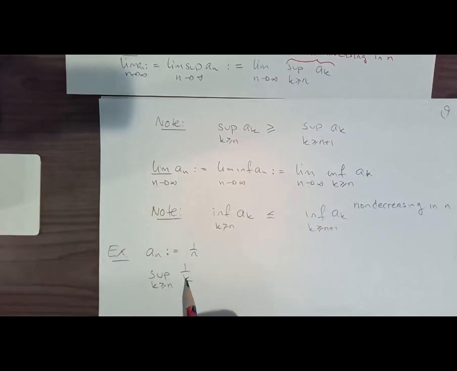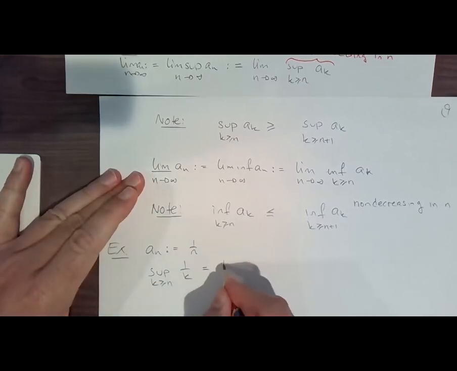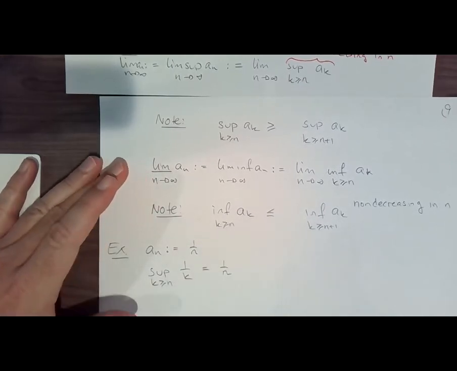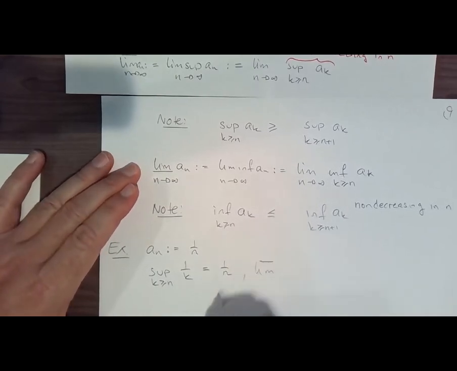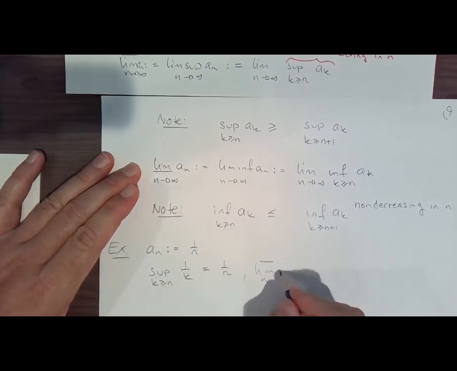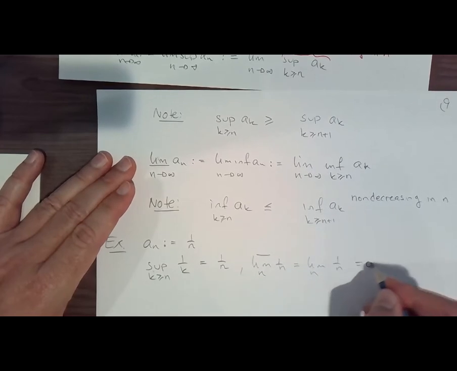How big does this get? Well, the bigger I make k, the smaller it gets. This supremum is equal to 1 over n. So the lim sup is the limit of 1 over n, and that's my 0.